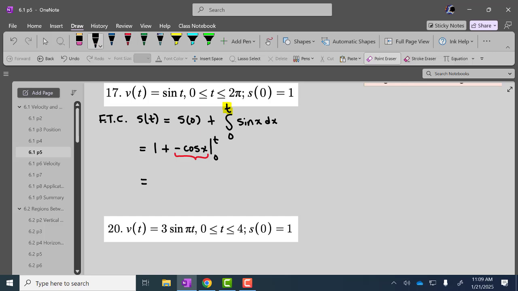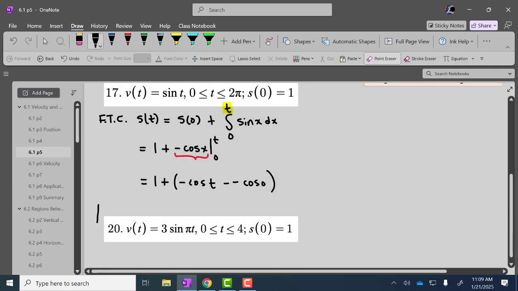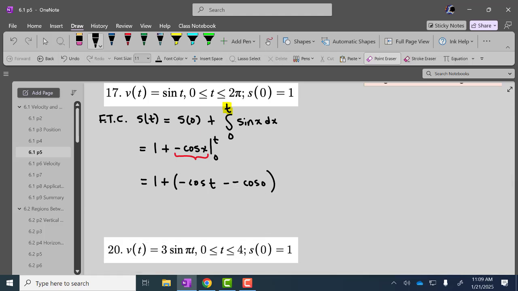So we have 1. Now we could factor out that minus sign if we wanted, but let's not do it. Let's just leave it. So 1 plus. Now we have to do the upper limit minus the lower limit. And then the simplification of this, what is cosine of 0? 1.